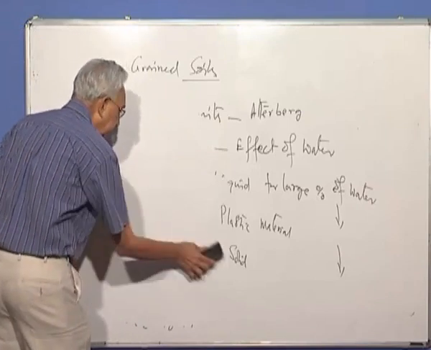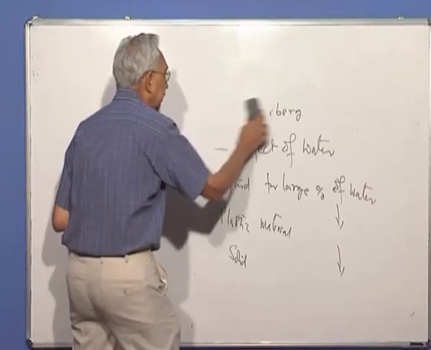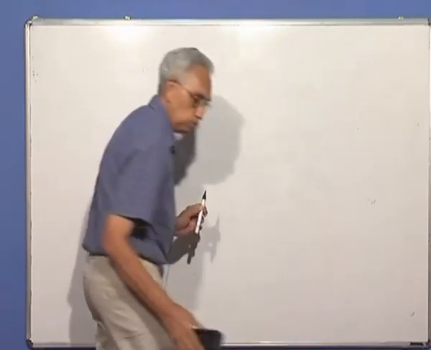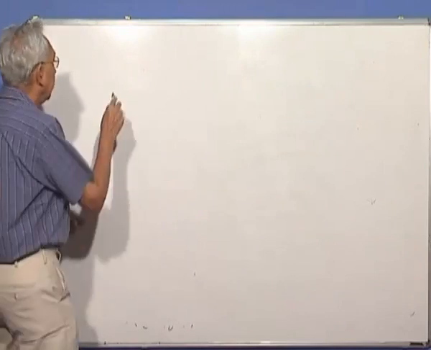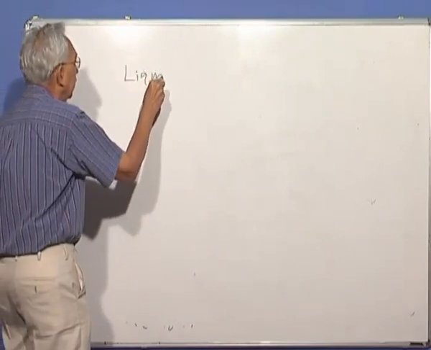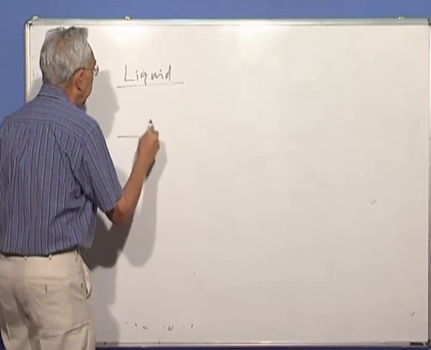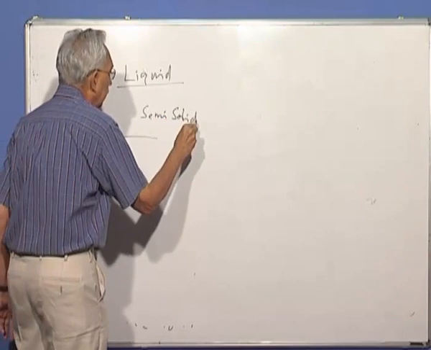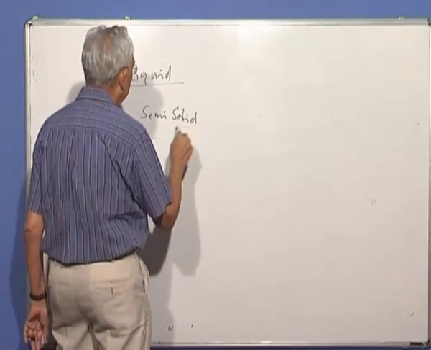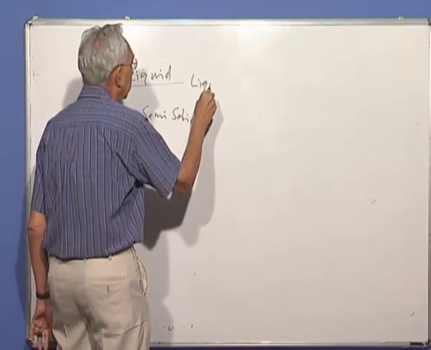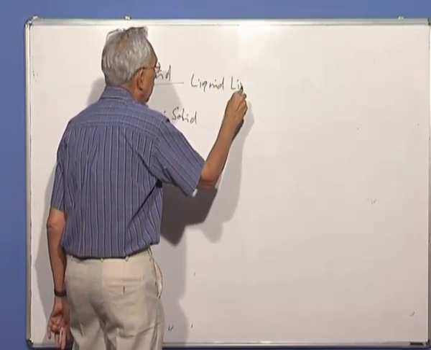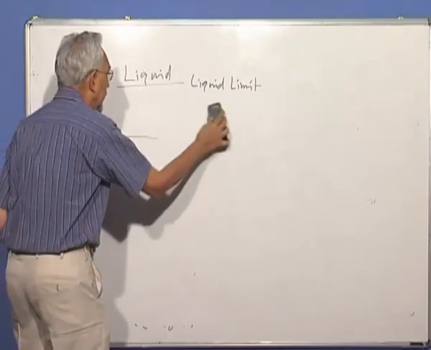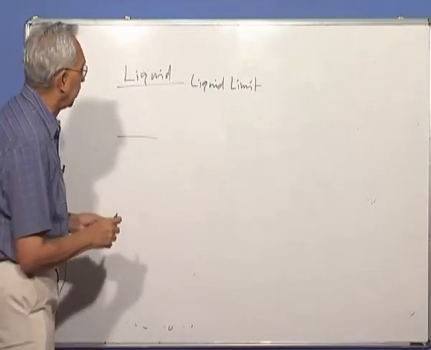So we define what you call limits. Can I say liquid? Then it is semi-solid, or shall I say this is the liquid limit. Then it becomes plastic.